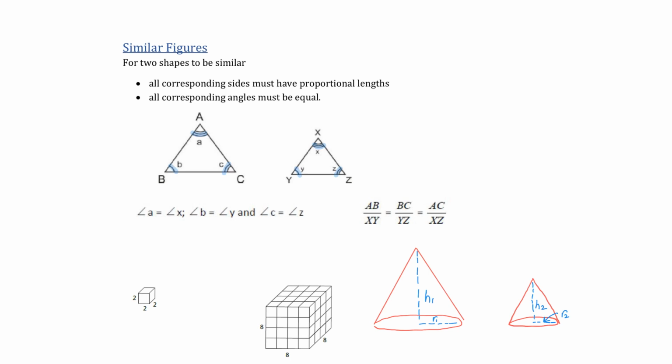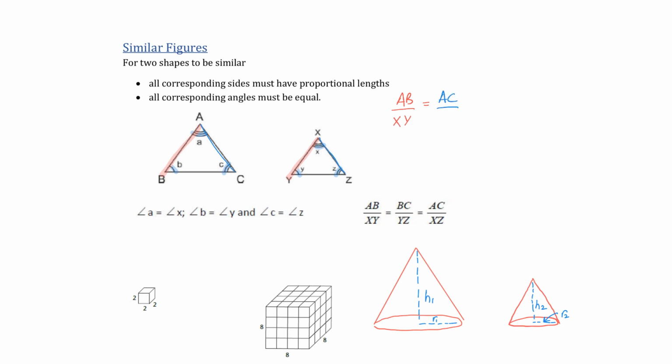But in similar figures, the sides are proportional, which means that if we have side AB and the corresponding side of AB is xy, so the ratio of AB over xy must be the same as the ratio of AC over xz.